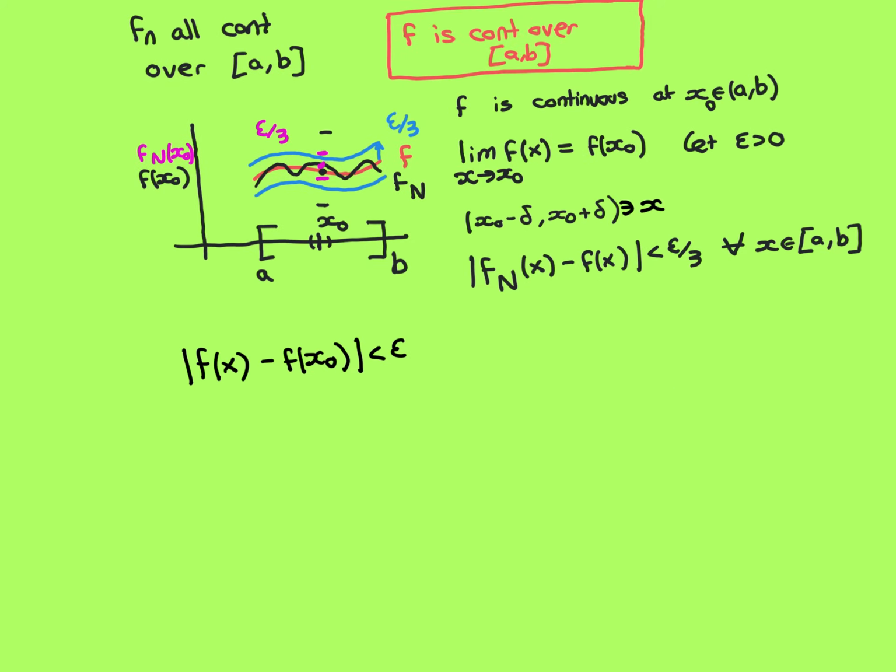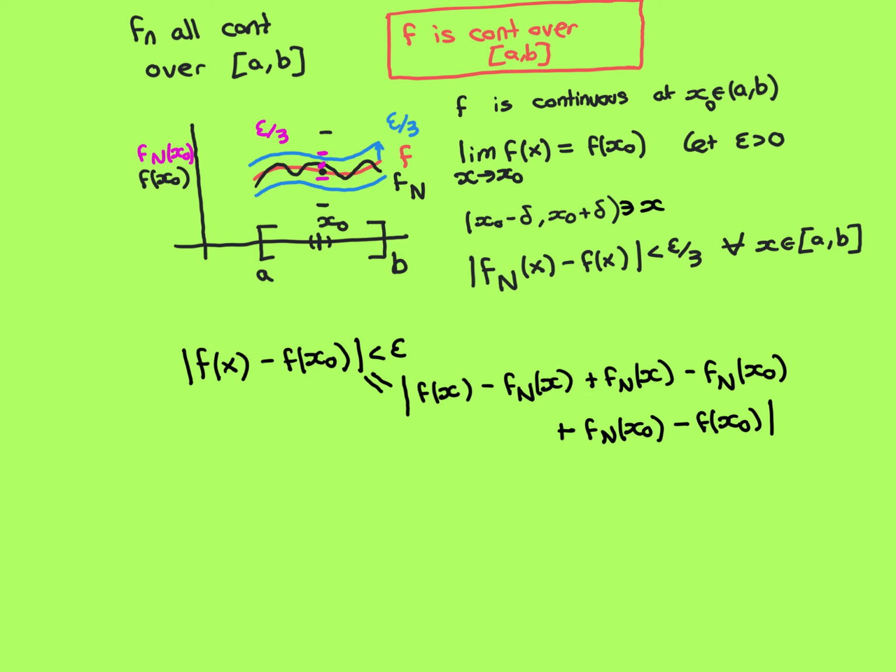So what is f of x minus f of x0, the mod of that? And I want to make sure that this has to be less than epsilon. So I don't know that this has to be less than epsilon. I want to use the way I've constructed this to show that this must be less than epsilon. I can do this with a bit of magic with the triangle inequality.